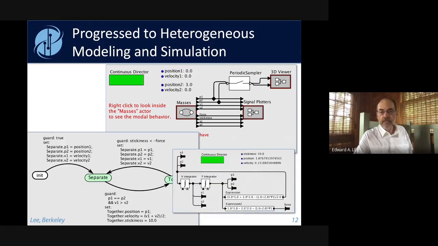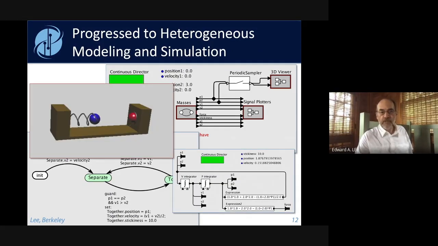Here is a simpler example that is one of our standard demos, which shows two masses on springs and models them using a modal model again, where you use a different model for the scenario where they're stuck together compared to where they're separated.